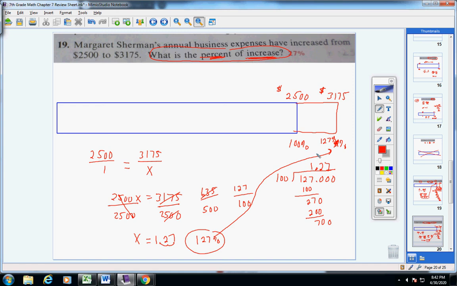So the total percent 3175 is of 2500 is 127%. But the increase was from 100 to how much? 127. So the increase was how much of a percent? 27%. Okay? All right.